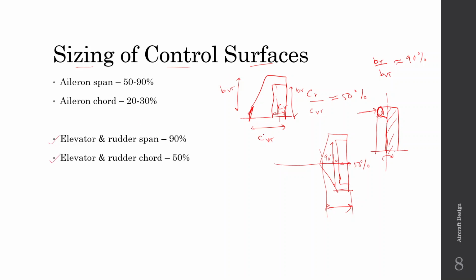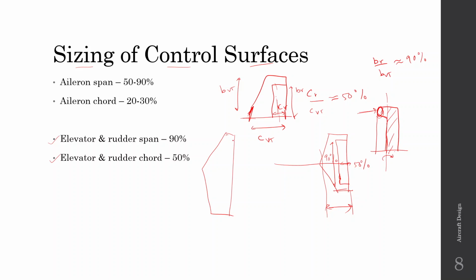Now coming to the wing, it is more complicated because the wing does not only have the aileron, it has various other control surfaces also. That is why the aileron span varies a lot. It might vary from 50 up to 90%. So there are some aircraft where the ailerons are just like the elevators.